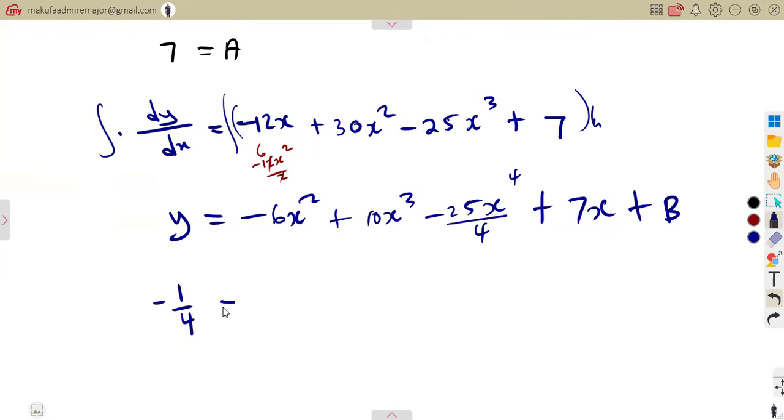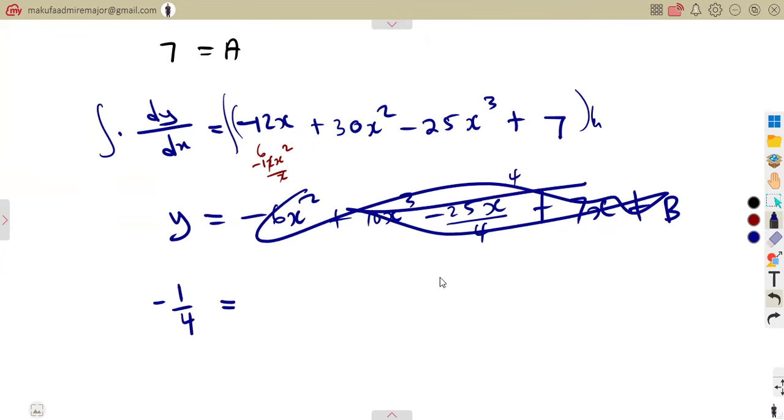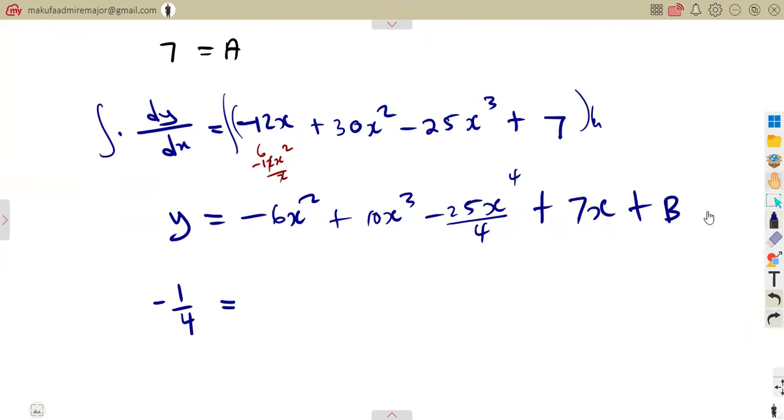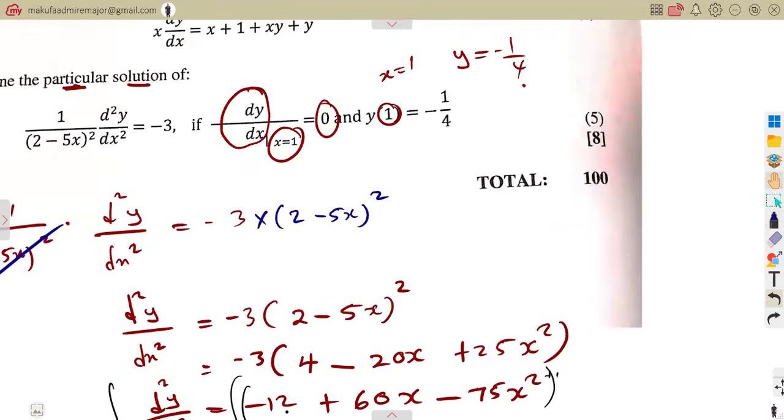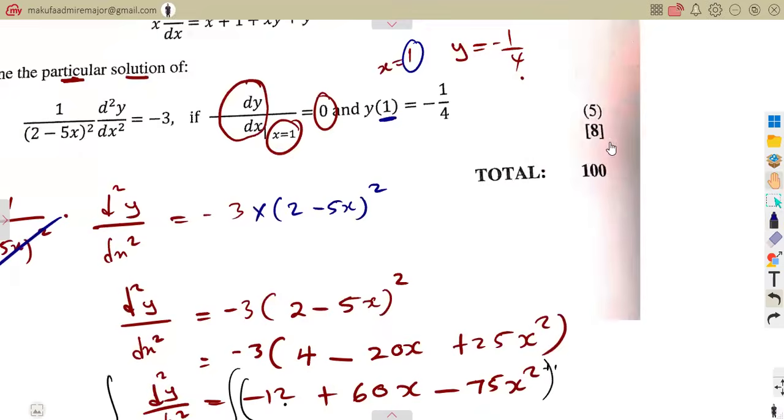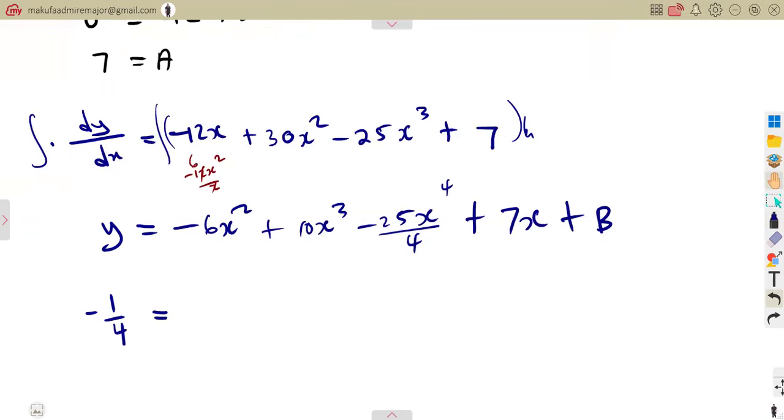So we are given the value of y, that y is minus 1 over 4 in this part. So minus 1 over 4 is equal, wherever you see x, the x must be 1. From y(1), x must be 1 there. So wherever there is x, you're going to put a 1.